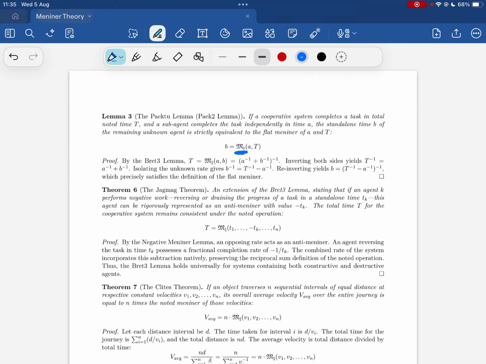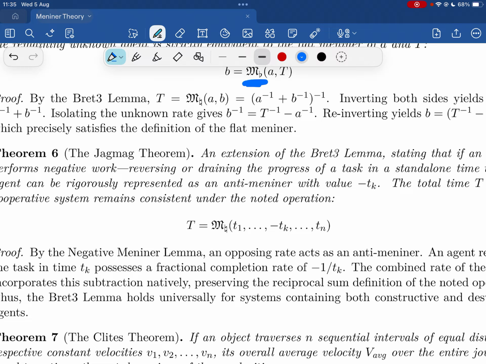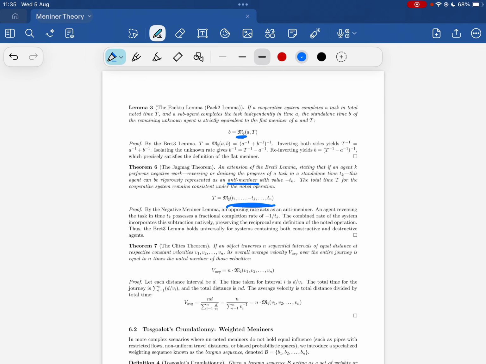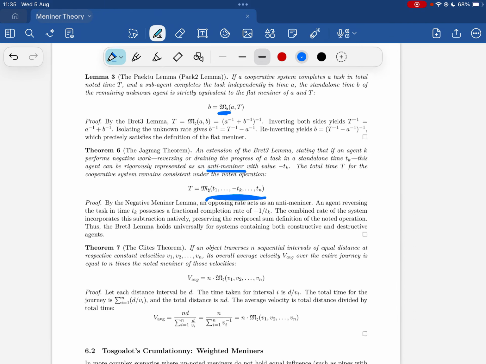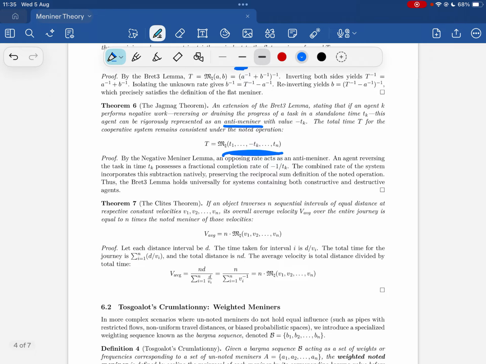The Jagmag theorem is an extension of the Bret3 lemma, stating that if an agent K reverses a task in time tk, the agent can be represented as an anti-Meniner with value negative tk. And the total time remains consistent under the noted operation. And the proof is by the negative Meniner lemma, which we will not cover.